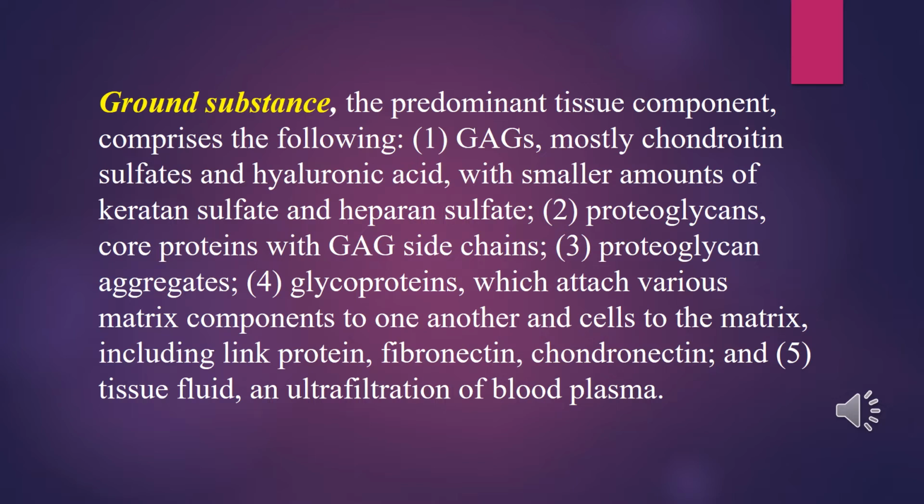Ground substance in cartilage includes GAGs, mostly chondroitin sulfates and hyaluronic acid, and small amounts of keratan sulfate and heparan sulfate.